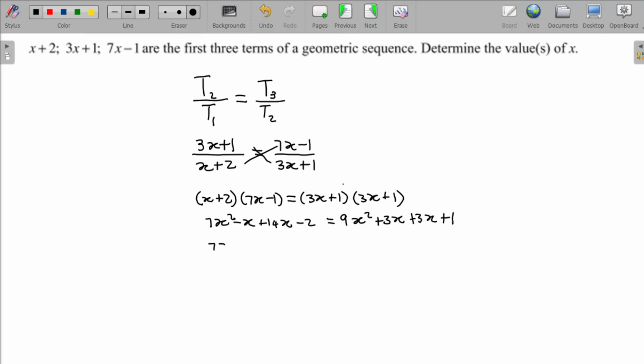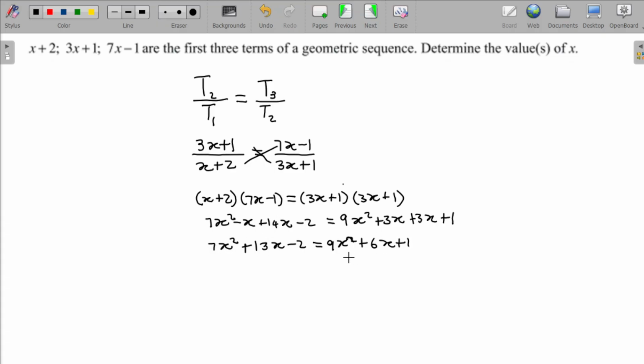Then from there, we have 7x squared, and negative 1 plus 14 should give me positive 13x, and then minus 2, equals 9x squared, 3 plus 3 should be 6x, and then plus 1.